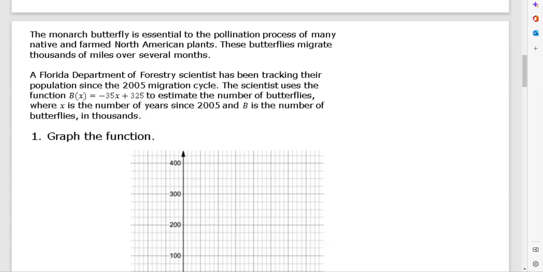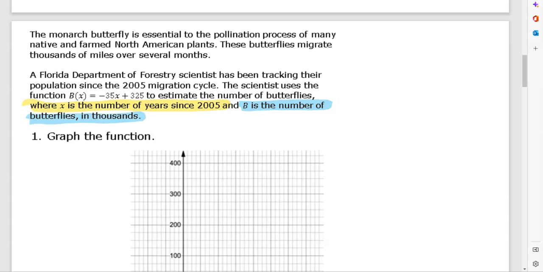The scientist uses the function b of x equals negative 35x plus 325 to estimate the number of butterflies, where x is the number of years since 2005. That is important. X is the number of years since 2005. And B is the number of butterflies in thousands.